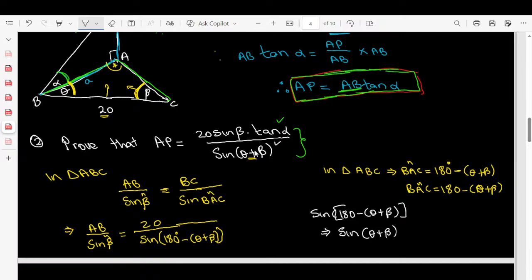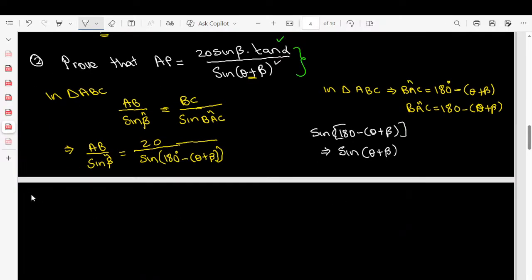I know that I have the sine of theta plus beta. You see, everything is good so far. I can just do my reduction formula. I can just write this as AB over the sine of beta, equal to 20 over, and when we reduce this, we get the sine of theta plus beta.